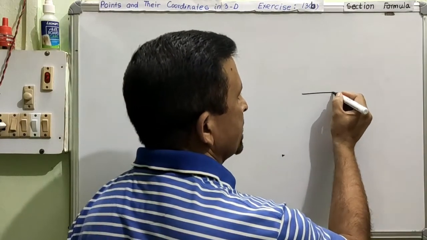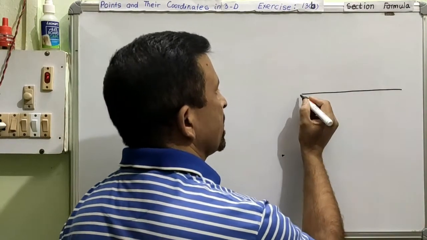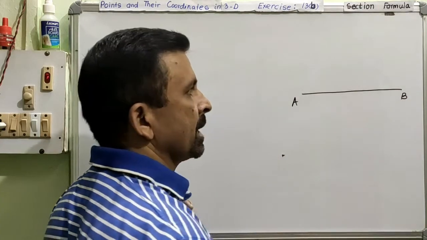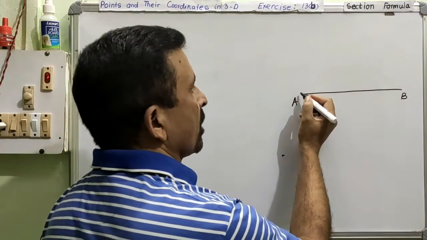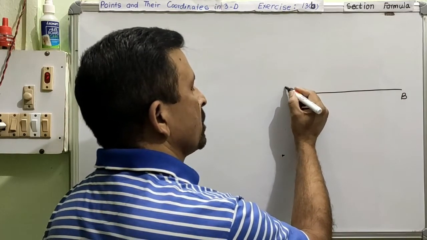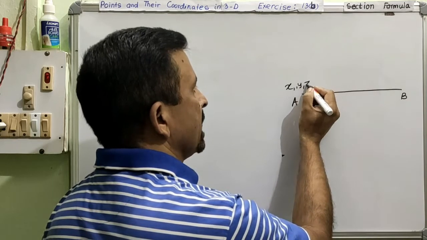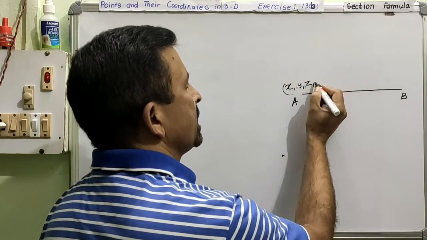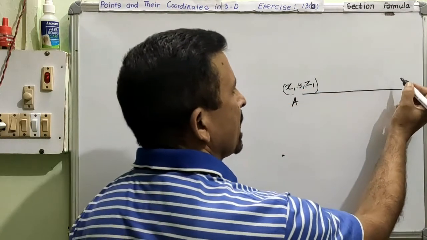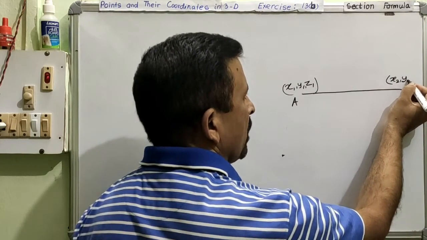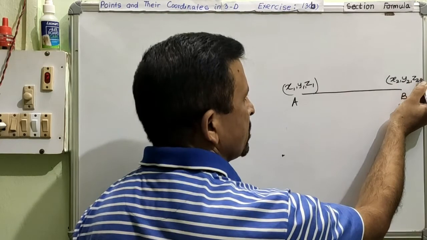Suppose you have a line segment joining the 2 points A and B. Clear? And then the coordinate of this point A is, suppose, x1, y1, z1. This is the coordinate of A, and then likewise the coordinate of B is x2, y2 and z2.